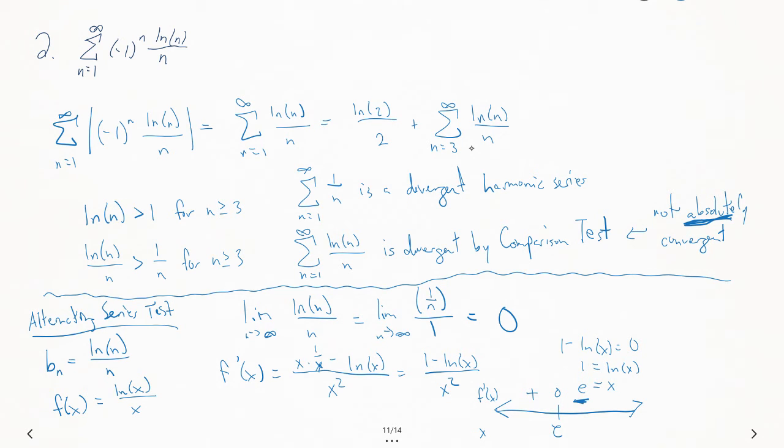So this thing's decreasing for x greater than e, so for n greater than or equal to 3. So what that tells us, I know I'm running out of room, is that this thing converges by the alternating series test.